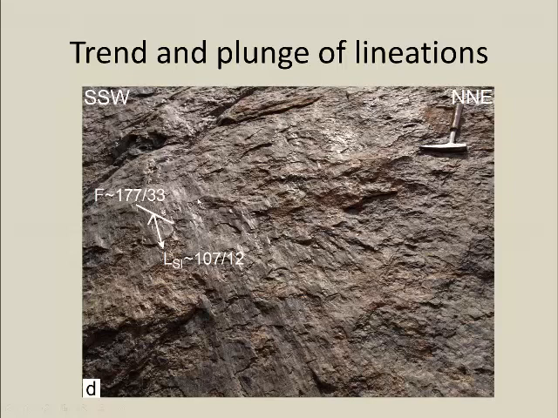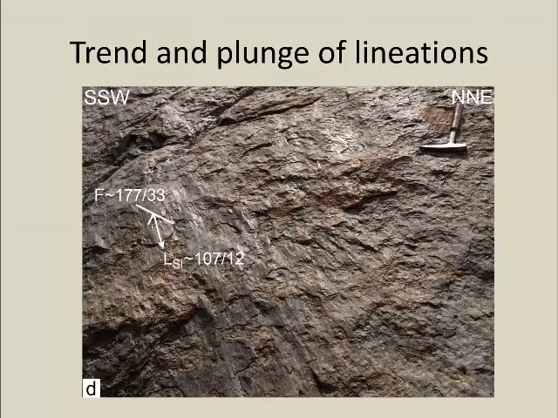Similarly, we can measure the trend and the plunge of these striations. Also that can be done with a geological compass, and these striations have a trend of 107 degrees. That means they are trending into a southeastern direction. 90 degrees would be east, so that's east-southeast, 107 degrees, and they are very shallow, 12 degrees inclination from the horizontal, so a shallow plunge for these striations that give us the movement direction of the fault at the time when it was tectonically active.